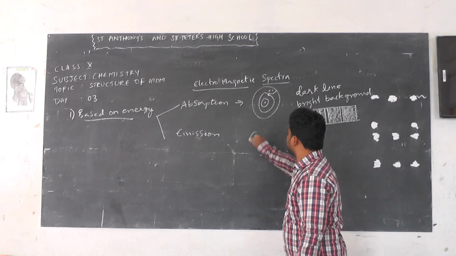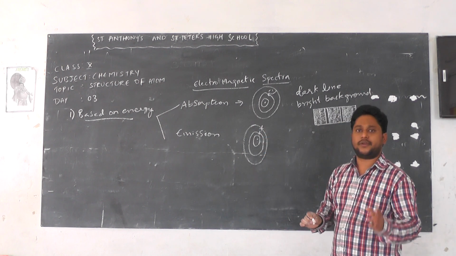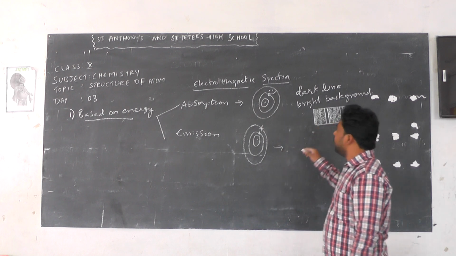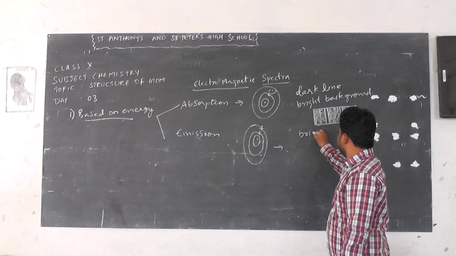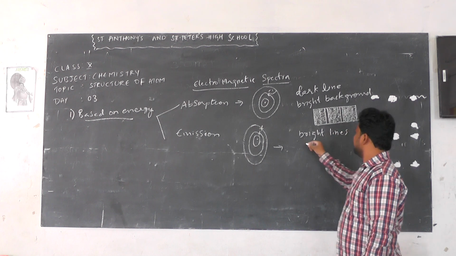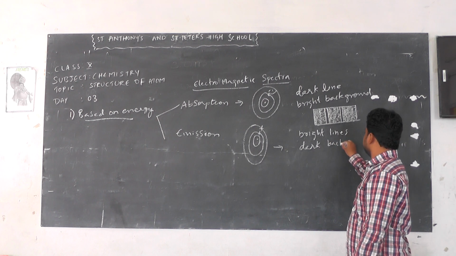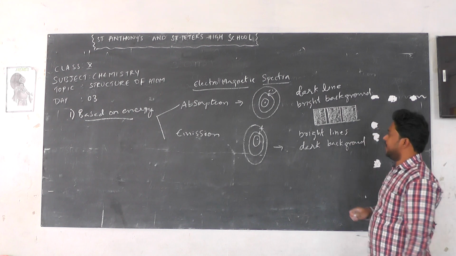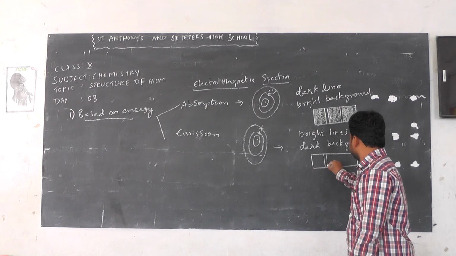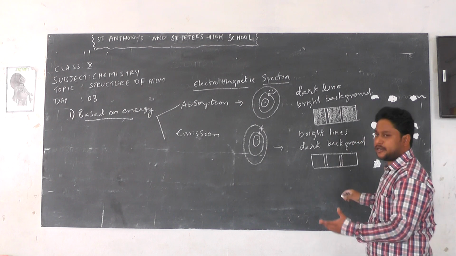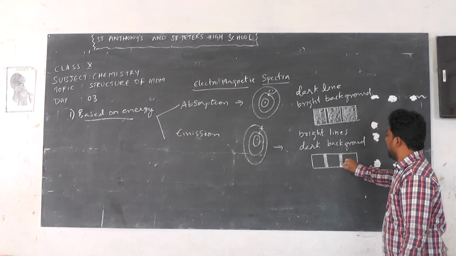While they are jumping, they are going to give you the opposite, that is the bright lines with the dark background. In this way. Bright lines with the dark background.